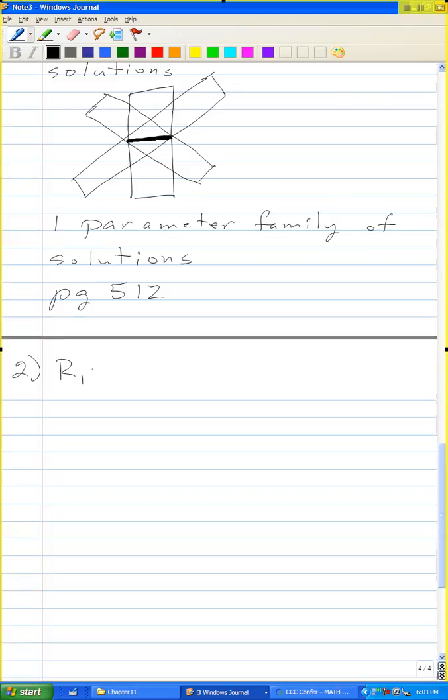So first equation, I'll call it R1. 5x plus y minus 2z equals 2. Second equation, x plus 7y plus 3z equals negative 3.